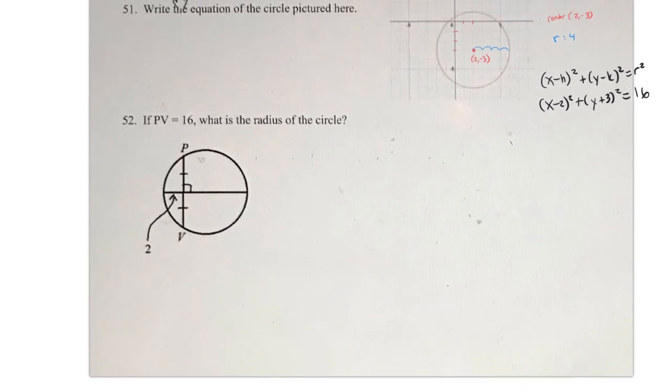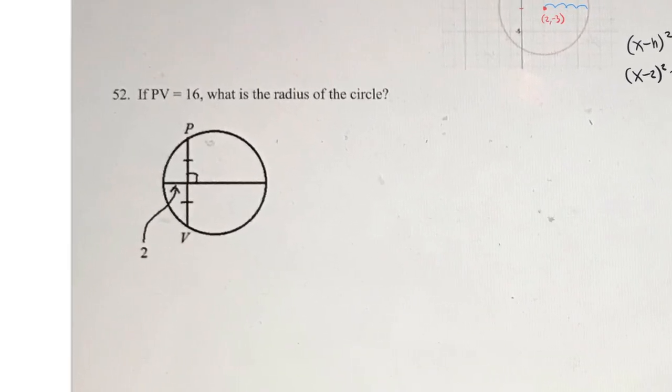Problem number 52. If PV equals 16, what is the radius of the circle? Okay, so if this whole thing is 16, then we know that this part is 8, and this part is also 8, right? And we want the radius of the circle.